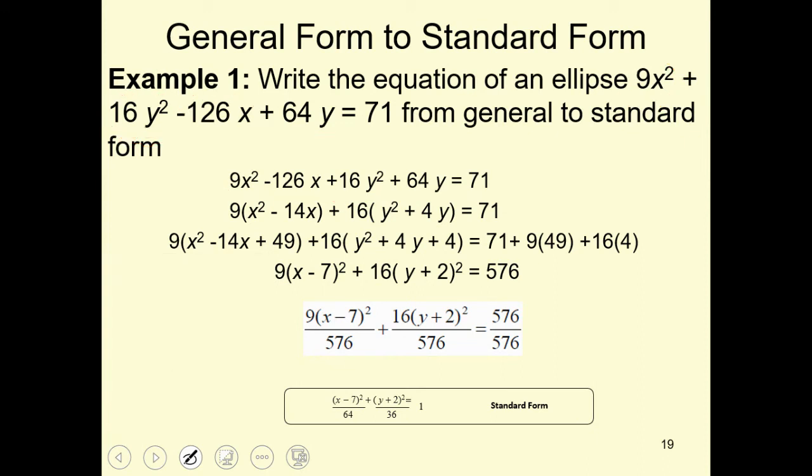So nakabaw man ta nga kini si 9x squared, gi factor out si 9, kay 9 times 14 is 126. Di ba? Gi-plus 16, gi-factor out si 16. 16 times 4 is 64.